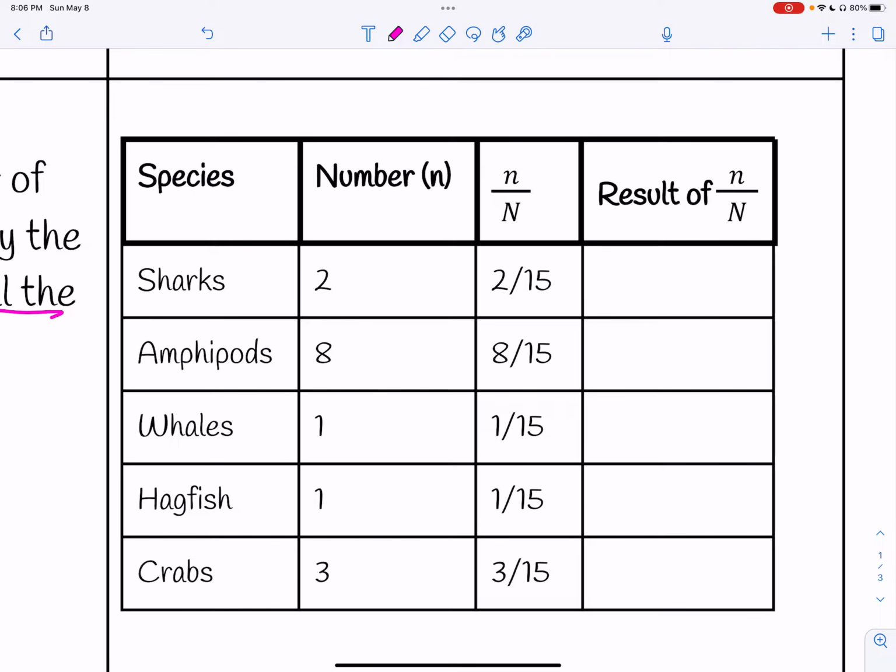All right, so if you divide 2 by 15, you'll get 0.133. 8 divided by 15, 0.533. 1/15, same for the whales and the hagfish, 0.067.